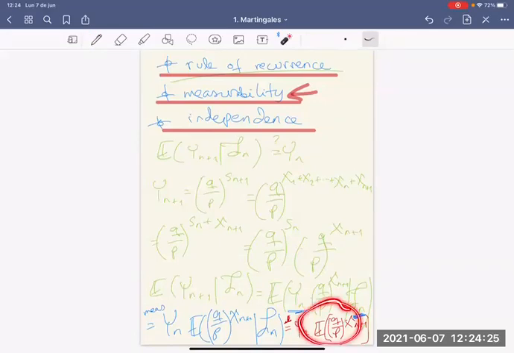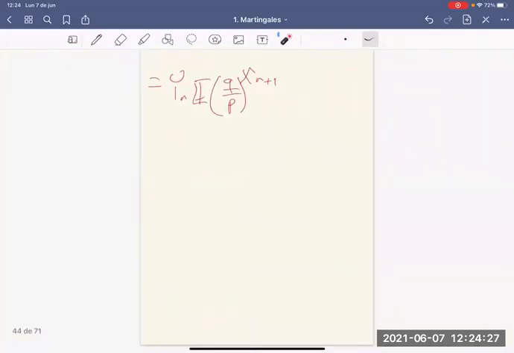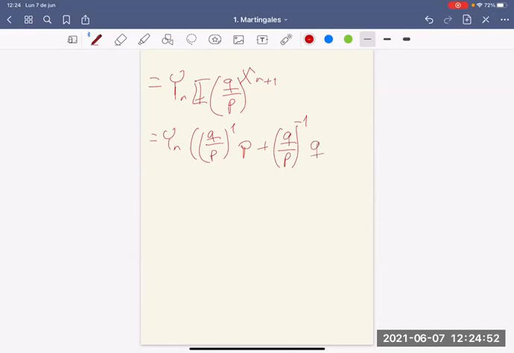Yes, that's what I had in here. So I'm just writing it again, right? And I have yn multiplied by this raised to the first power times the probability that xn plus 1 equals 1, plus Q divided by P raised to the minus 1 power multiplied by Q.